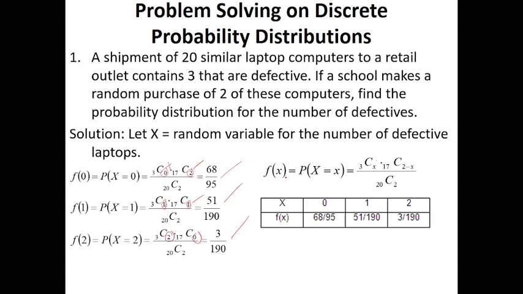As you notice here, the probability mass function f of x is represented by a formula. So this is now our formula.